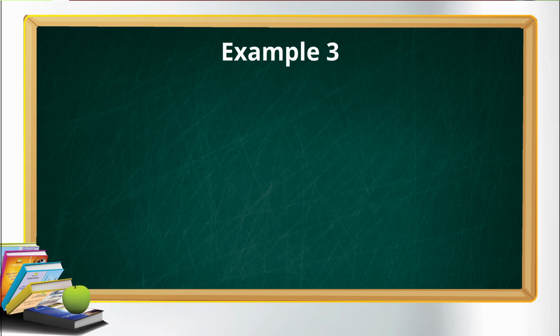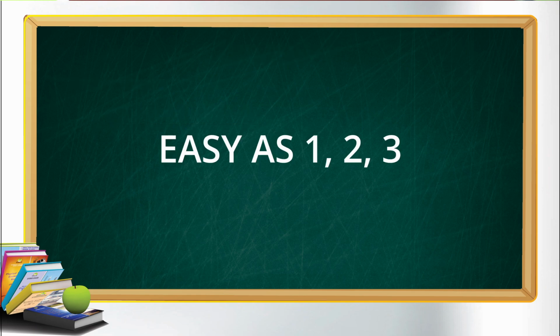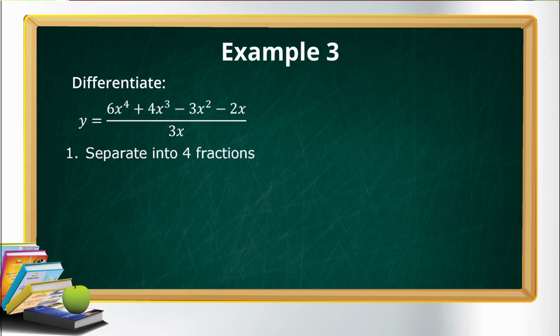Let's tackle the last example with separating and simplifying. We have to differentiate y equals (6x to the power 4 plus 4x cubed minus 3x squared minus 2x) over 3x. By now, you know the three easy steps, right? 1.